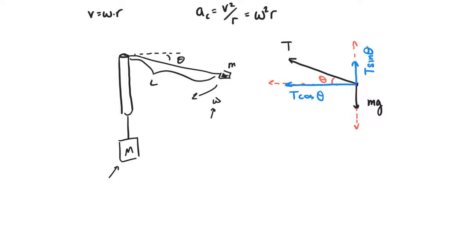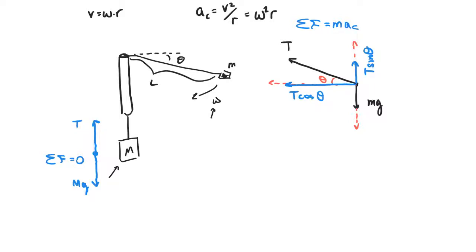Here's a bit of a stretch. There's two objects. The tension comes from that object, which has a net force of 0. On the other hand, this one has a net force equal to m a_c.